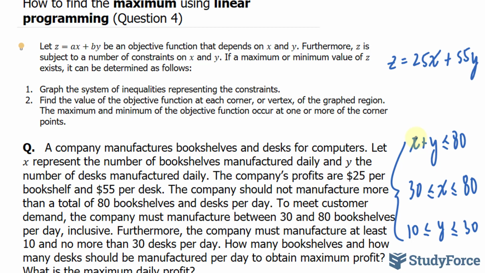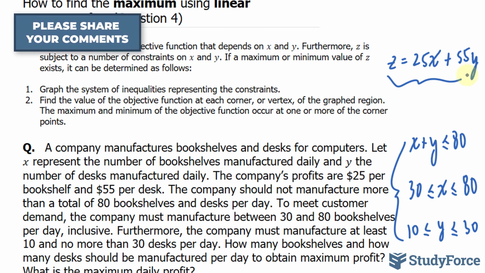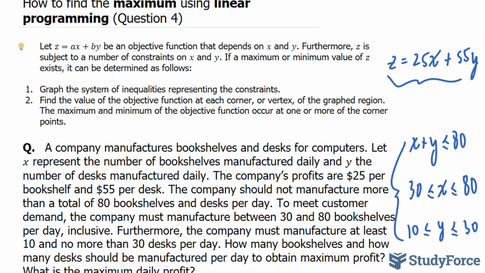We have to find the points of intersection for each of the graphed regions. Once we find those points of intersection, we can substitute them back into this equation to see which one will give us a maximum profit. But if they were looking for the minimum, we would look for the smaller number once we've inputted those points of intersection into here. That being said, let's start with step 1, where we graph the inequalities.